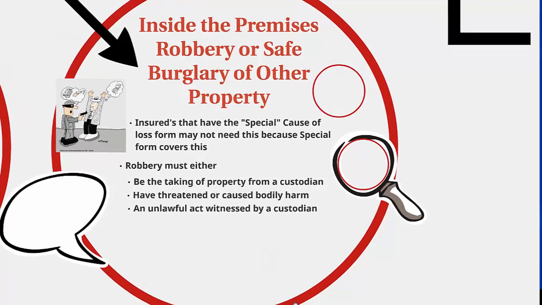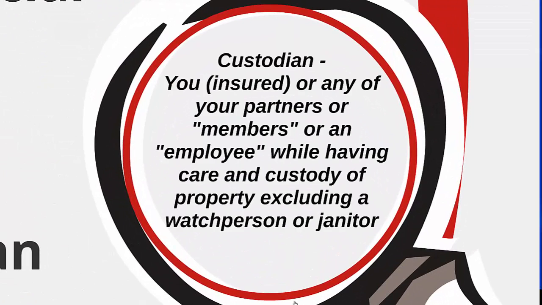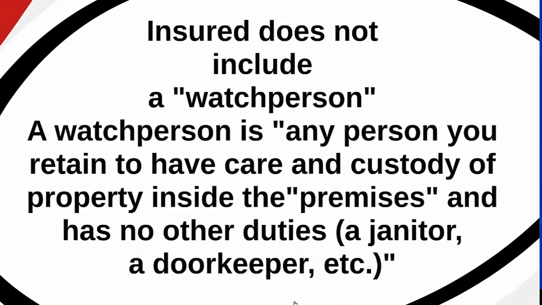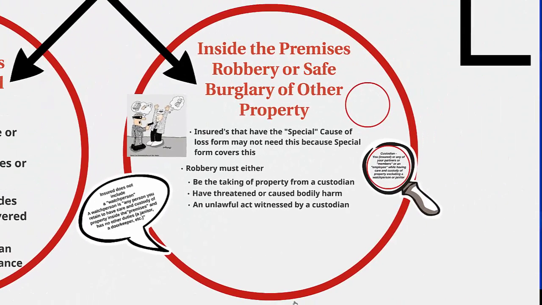A custodian is you, the insured, or any of your partners or members, or an employee while having the care and custody of property, excluding a watch person or janitor. A watch person is any person you retain to have care and custody of property inside the premises and who has no other duties, such as a janitor or a doorkeeper.